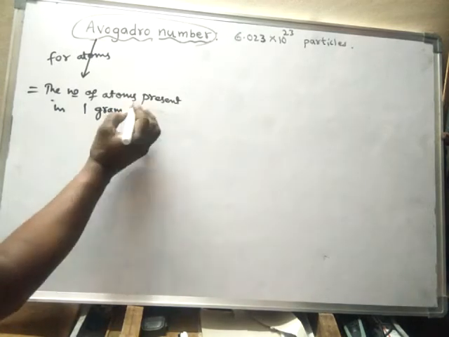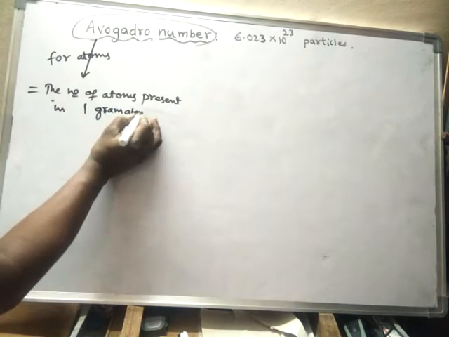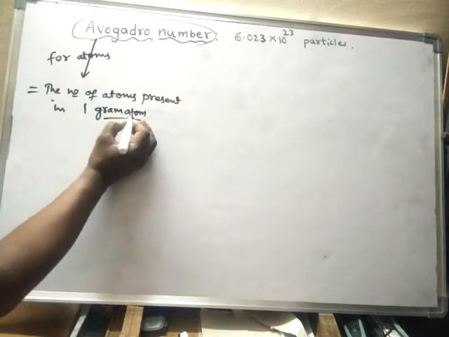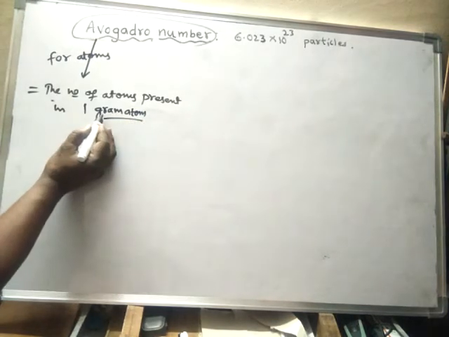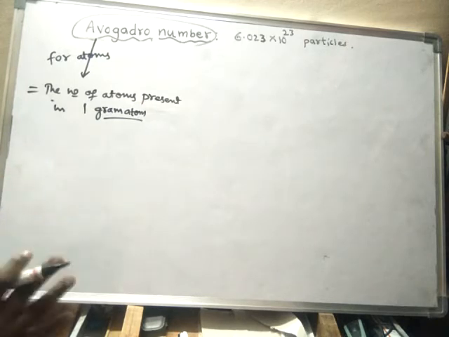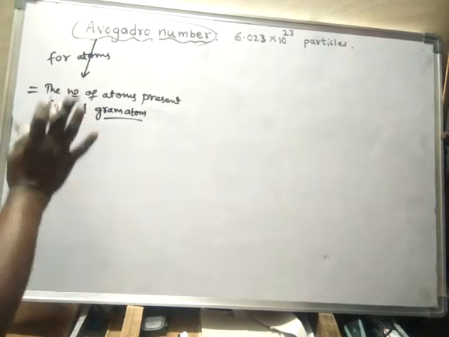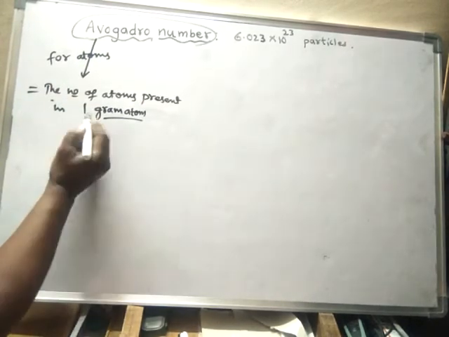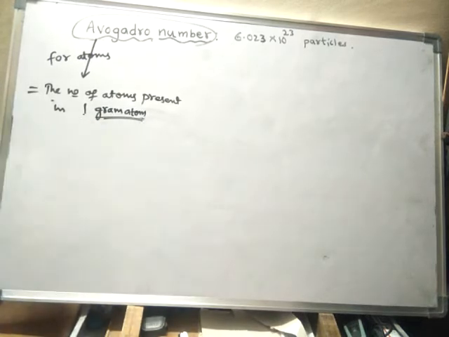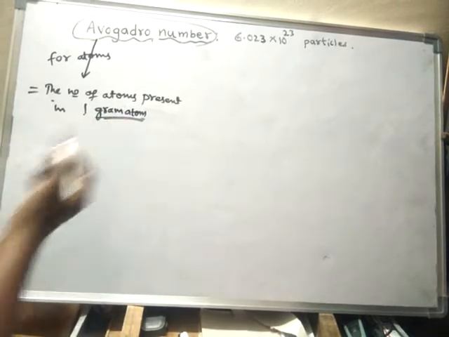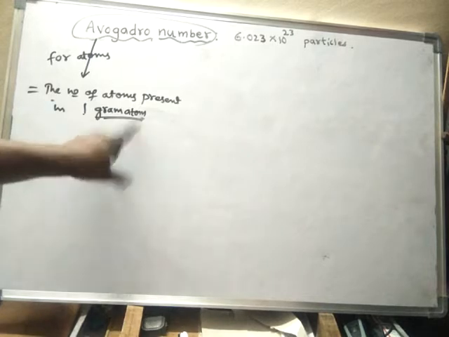Gram atom is a single word. Don't get confused that it is 1 gram of atoms. Actually it is not 1 gram of atoms. Simply it is 1 gram atom.